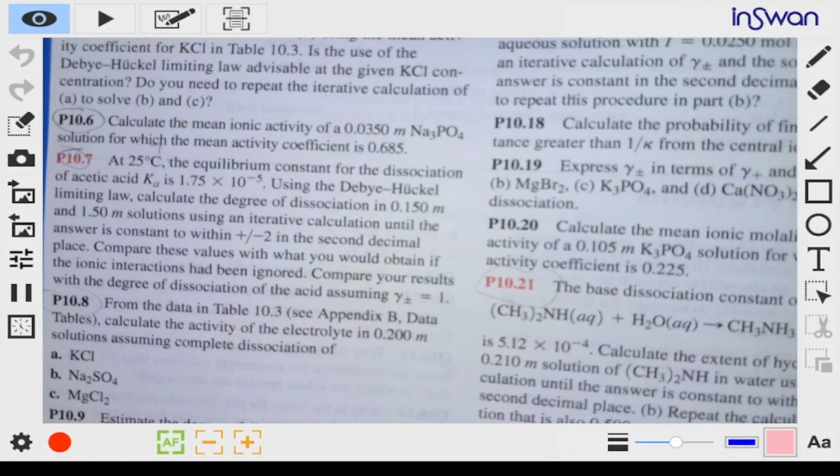Starting with problem 6. Calculate the mean ionic activity for a 0.035 molal sodium phosphate tribasic solution for which the mean activity coefficient is 0.685.